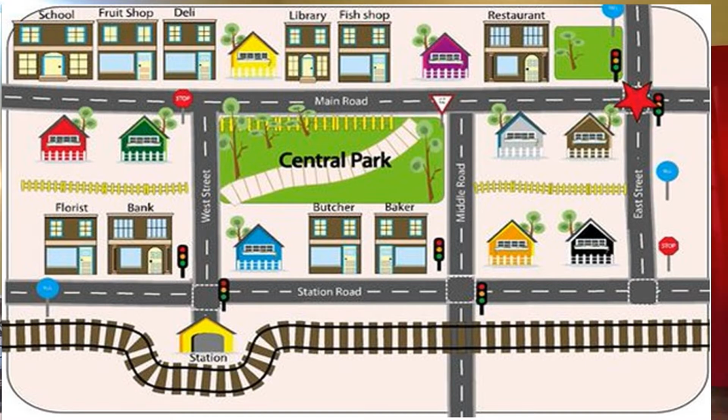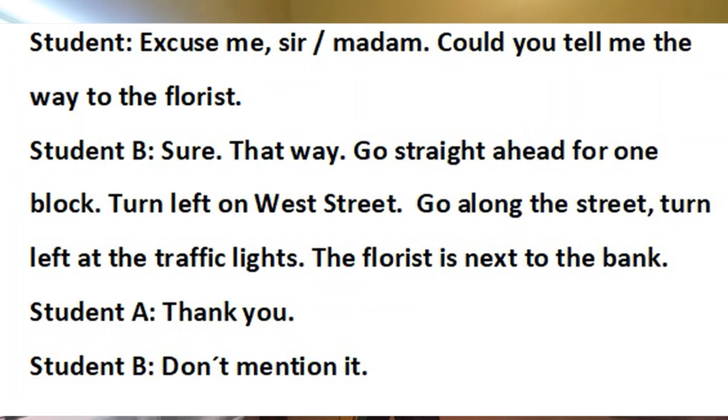So, for example, 2 of you are at the restaurant on the map, and 1 of you wants to go to the florist. So the dialogue will be something like this.